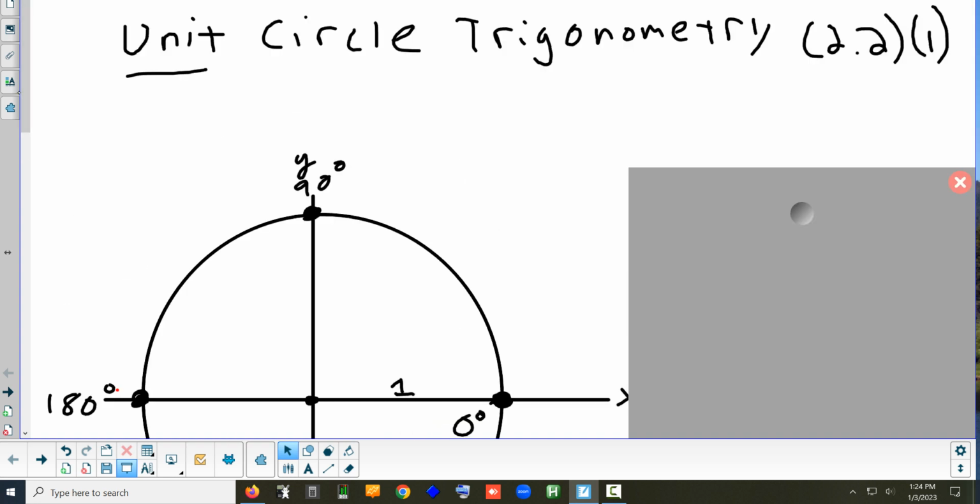I think we've written that before. It's where the radius equals 1. The reason we do it on a circle with a radius of 1 is that it makes the formulas as simple as they could be. We can do it on a circle that has a bigger or smaller radius, but it makes the formulas a little bit more complicated.